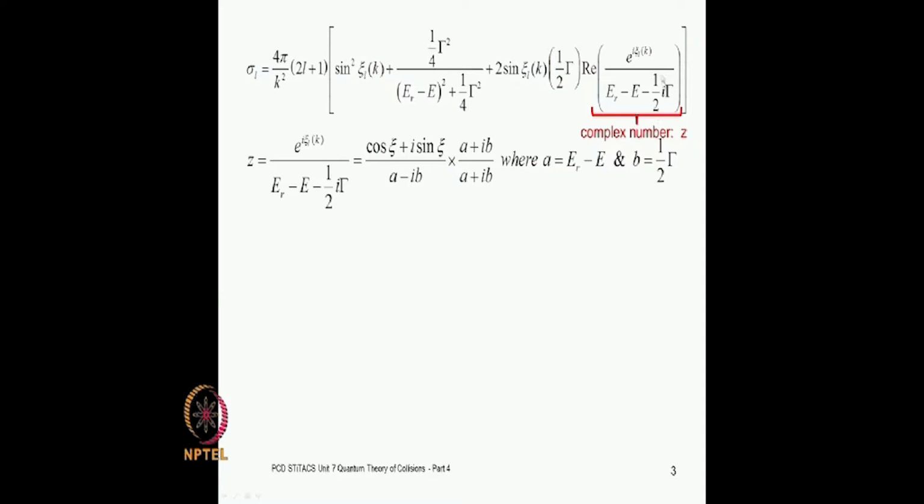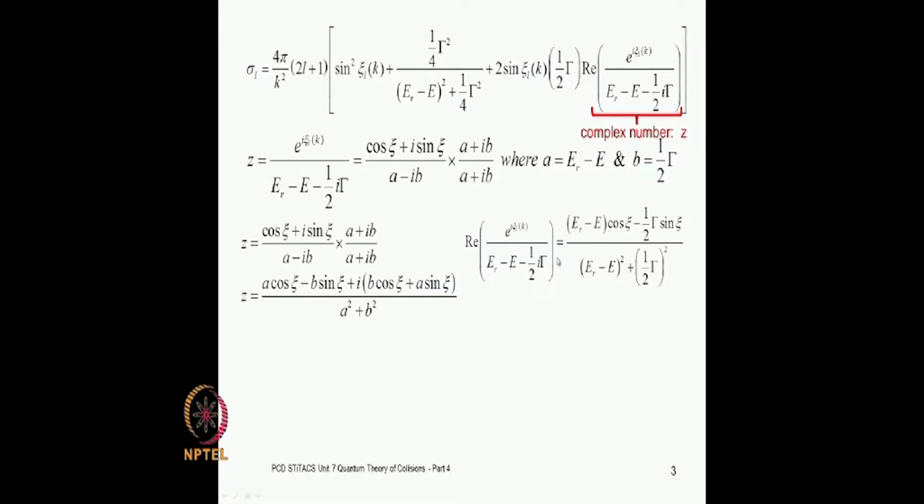So you multiply and divide by the complex conjugate of the denominator and then reconstruct this complex number so that you will have an effective real part and an effective imaginary part. So having done that, you write this complex number in terms of its real part, which is now a cosine xi minus b sine xi divided by a square plus b square, and the imaginary part will be b cosine xi plus a sine xi divided by a square plus b square.